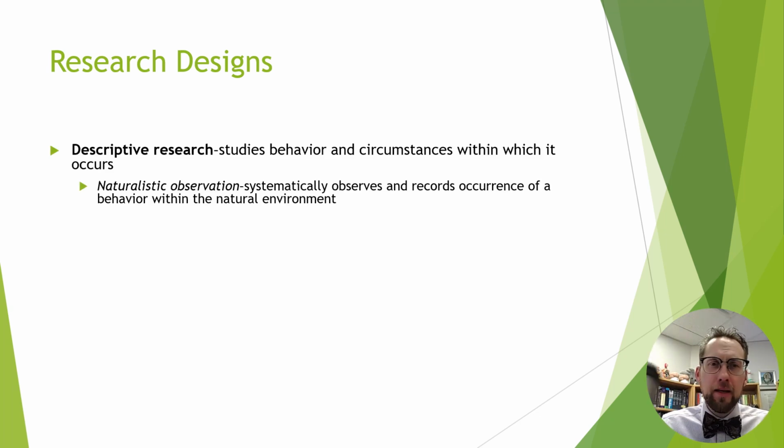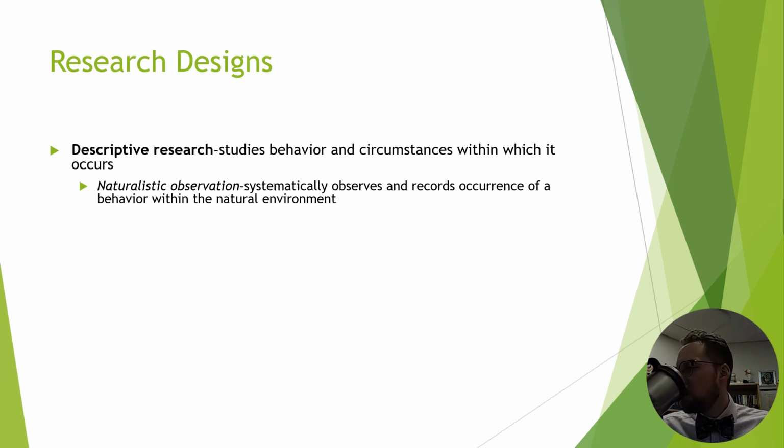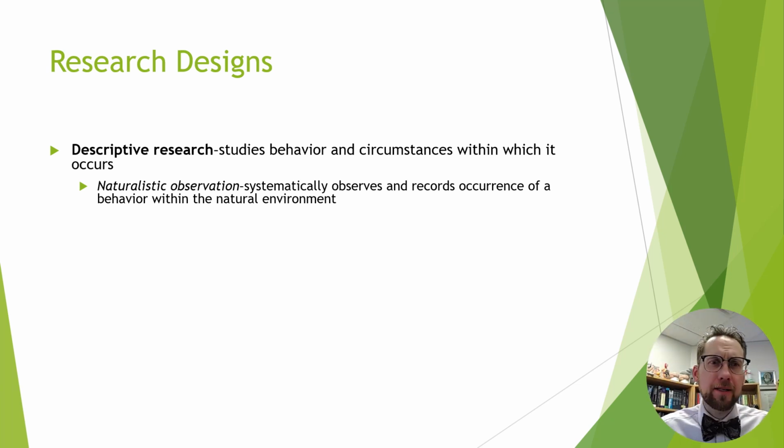Here we are. Let's talk about some research designs. There are different research designs. So we have descriptive research. There you just study behavior as well as the circumstances within which the behavior occurs. A naturalistic observation means you really systematically, because it is science, observe and record occurrences of the behavior you find interesting within the natural environment.